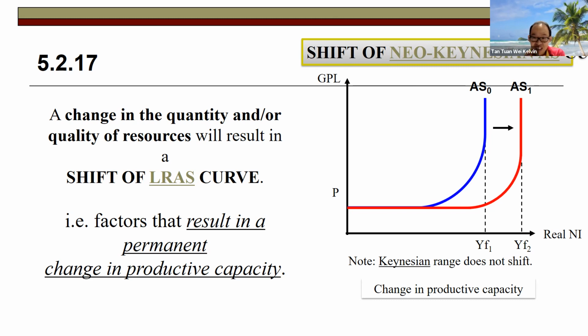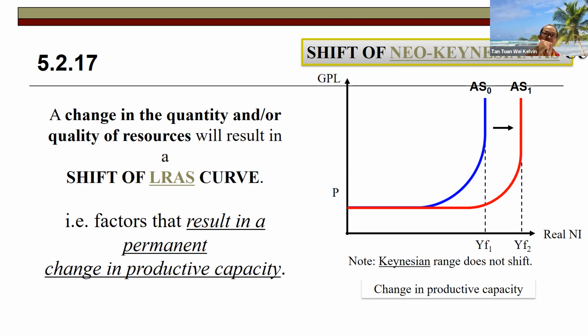But what are the factors that shift the LRAS curve? These are the same factors that will shift the boundary of your PPC outwards, which if you recall, is anything that changes either the quantity or the quality of the factors of production. If you recall, there are four factors of production: labor, capital, land, entrepreneurship.